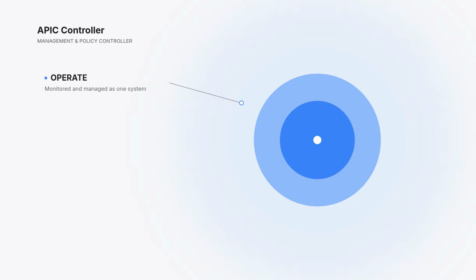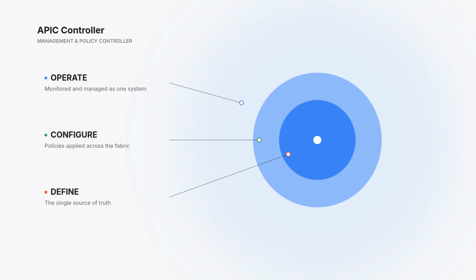Now let's tackle one of the biggest ACI misunderstandings. APIC is central to the system, but it is not the box carrying your production packets across the fabric. APIC is the management and policy controller. It's where the fabric is defined, configured, monitored, and operated as a system.